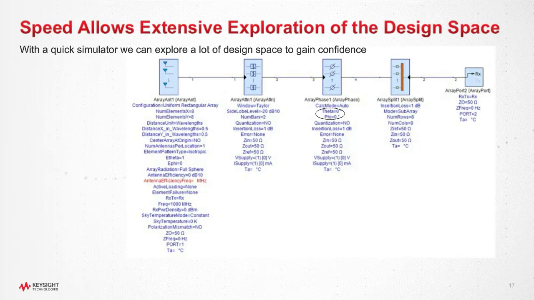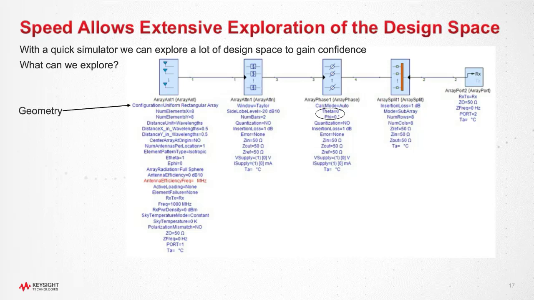Now, since we have got the speed in our hands, we can extensively explore the design space. So let us see what are all the things that we can explore. The first one is the geometry.